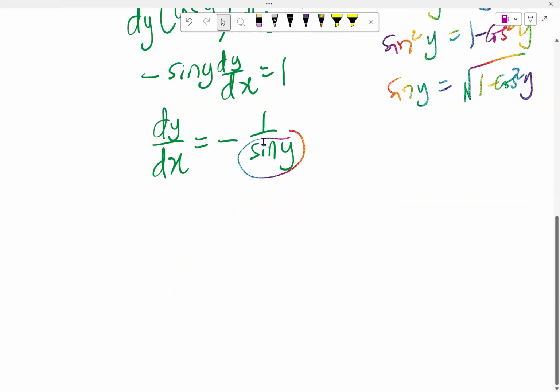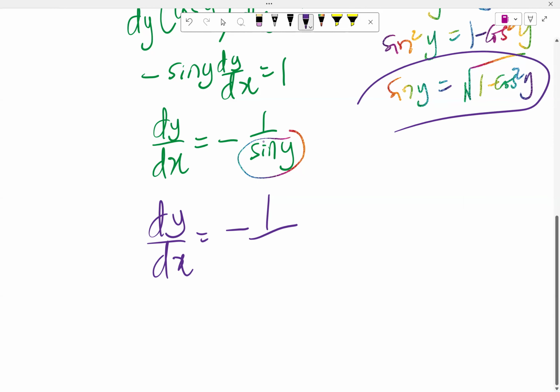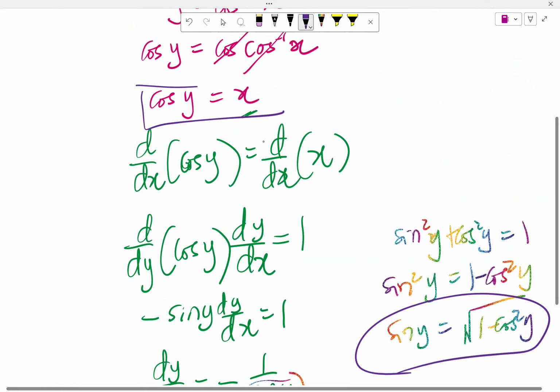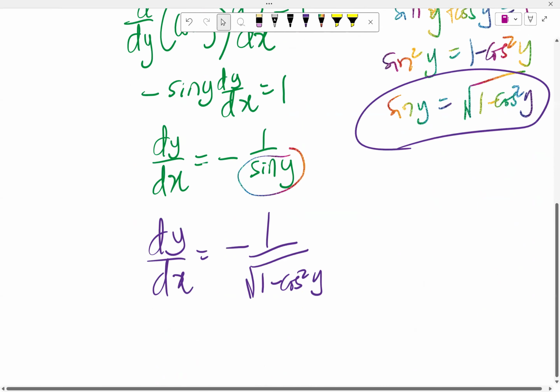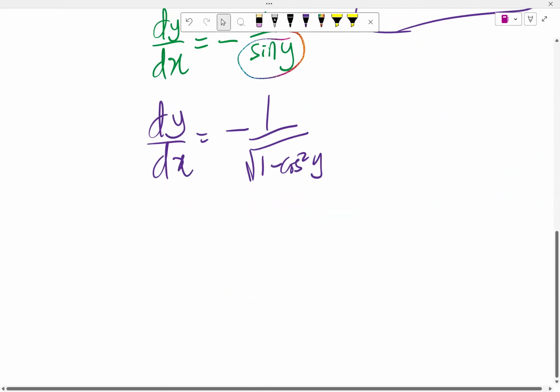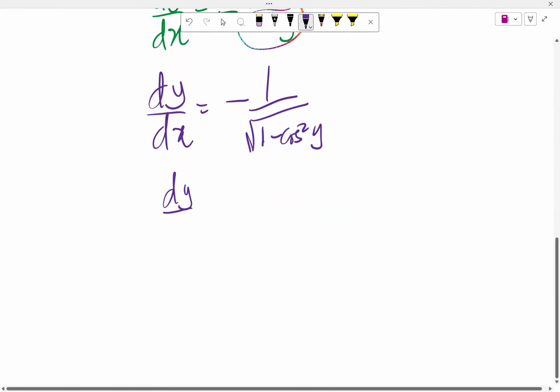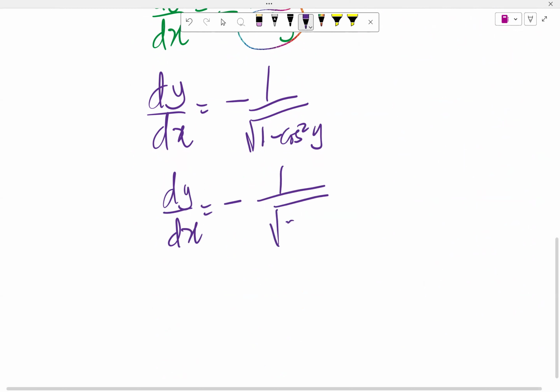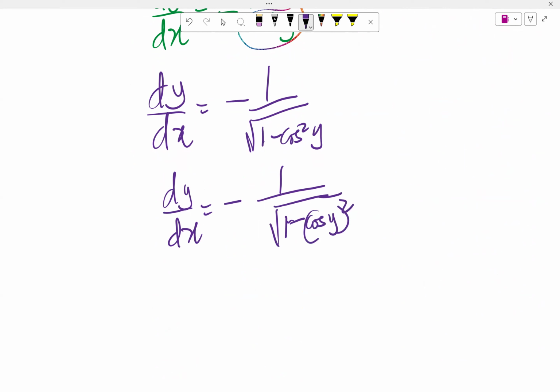Say dy dx equals minus 1 over sine y, which you have found to be the square root of 1 minus cos squared y. Don't forget, the last time you checked, cos y was x, okay? So we can bring that here. So dy dx equals minus 1 over the square root of 1 minus cos y all squared.